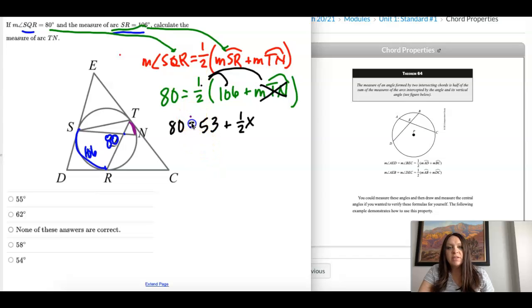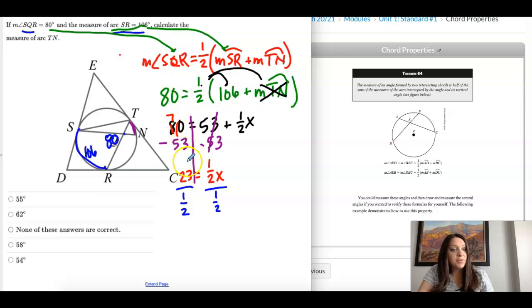Okay, so now it's just a simple equation. Minus 53, minus 53. That becomes 23 equals 1/2 X. I'm going to divide both sides by 1/2. I just realized I messed up.